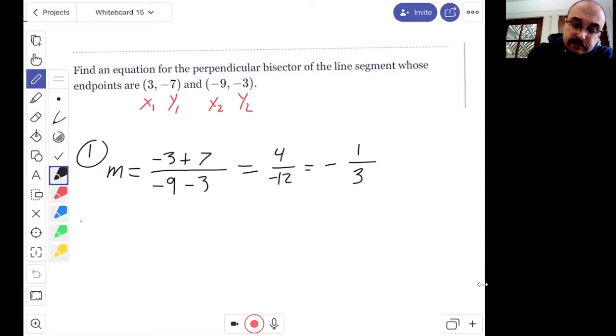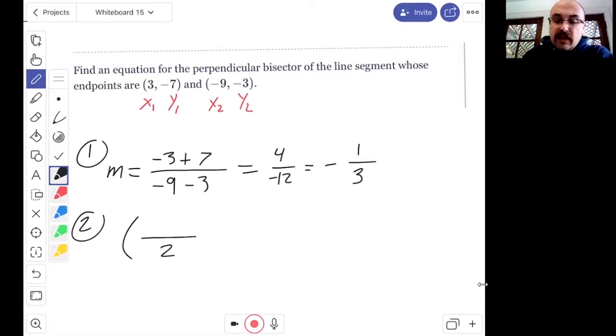Step two. Now we need to find the midpoint. So midpoint formula, big set of parentheses. We start with our x in the front. So x1 is 3 plus x2 is -9, so 3 minus 9 for our x coordinates. For our y coordinate, we're going to combine those y's: -7 minus 3 over 2.